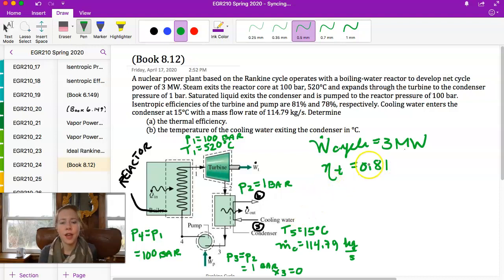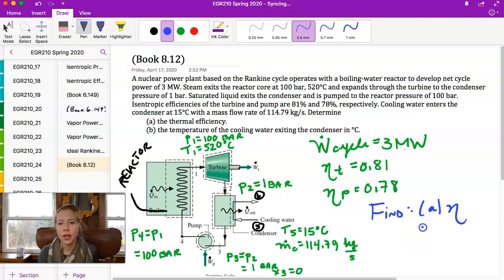And we're given that the isentropic efficiency of the pump is 0.78. And we have to find the thermal efficiency, which is just eta. And we also need to find the temperature of the cooling water exiting the condenser, so that's T6.